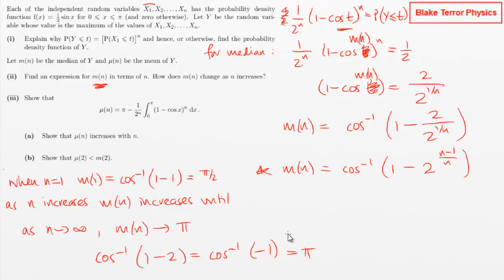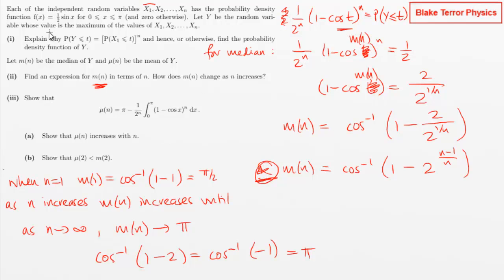So that is what we'd expect just from looking at the setup of the question, and it's reflected in the equation here. So I'm pretty confident that this expression here for m of n is right, because it's describing the behavior exactly as we'd expect from the setup of the question.